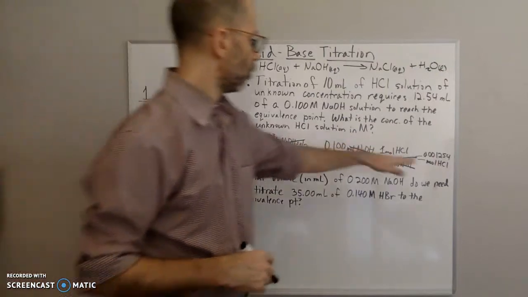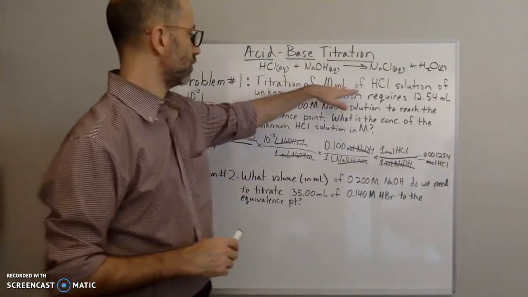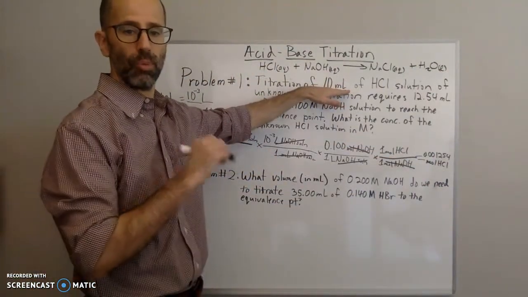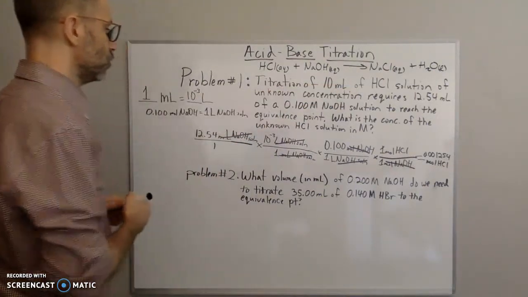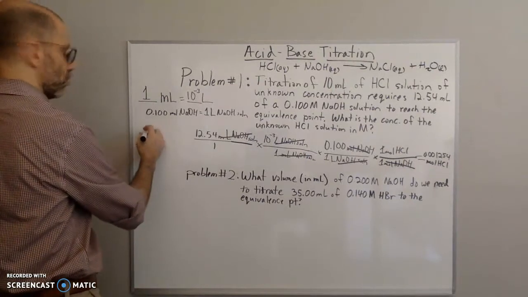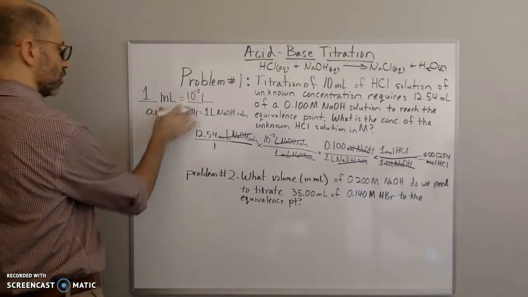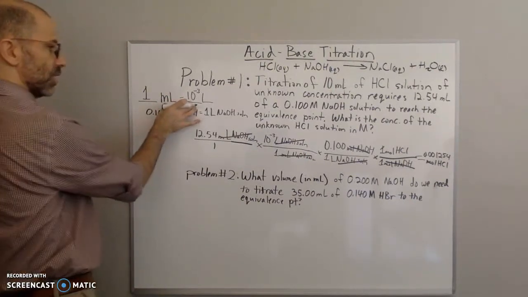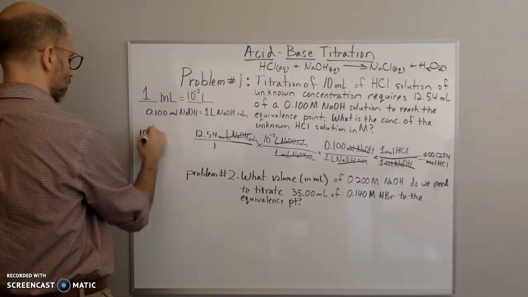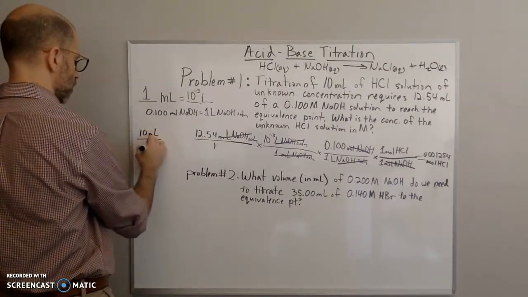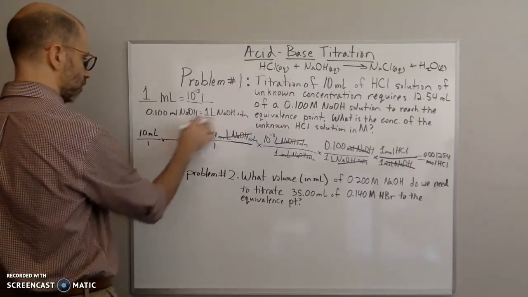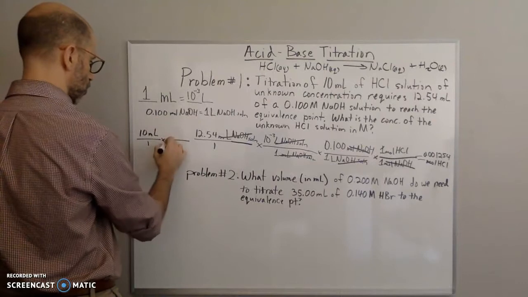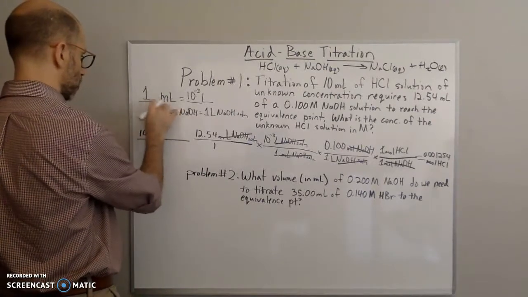Okay, so moles of HCl now, and I also have the volume, but I need to get molarity. It's moles over volume in liters. So now I'm going to change that to liters. And so the way I do that is I use my milliliters to liters again. So I'm going to take 10 milliliters, use this as a conversion factor. So I have milliliters on the bottom. So 1 milliliter, this one.